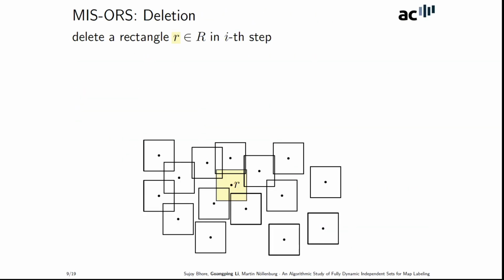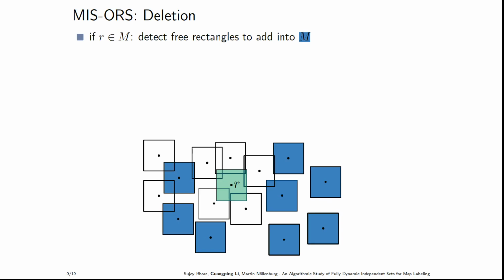And to delete a rectangle R, if it was in the solution set M, after deleting it, we may have to add other rectangles to the solution set to make it maximal.